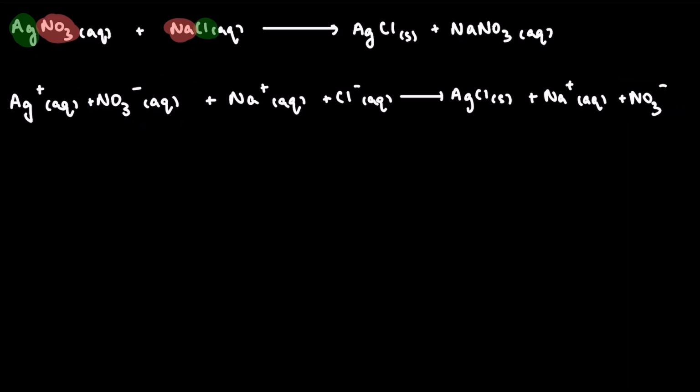So now that we have all these ions together, we have to see which ions are the same on the left as well as on the right. So I can already notice that we have a nitrate ion on both sides, and because the nitrate ions are the same in the reactants and the products, it means it didn't really participate.